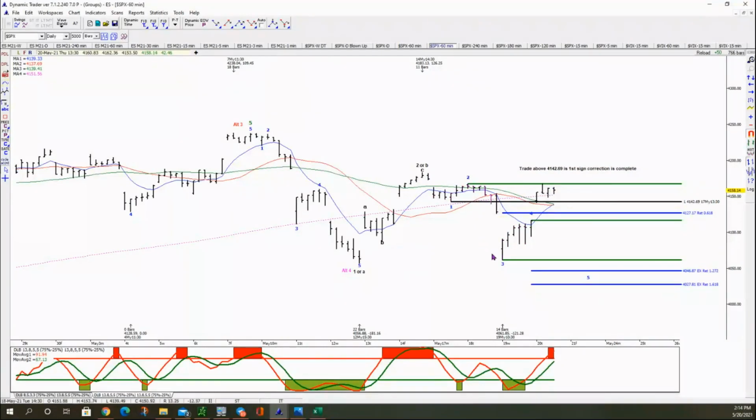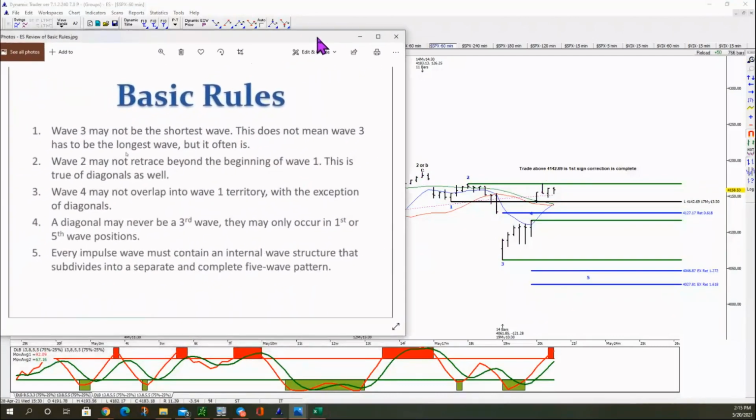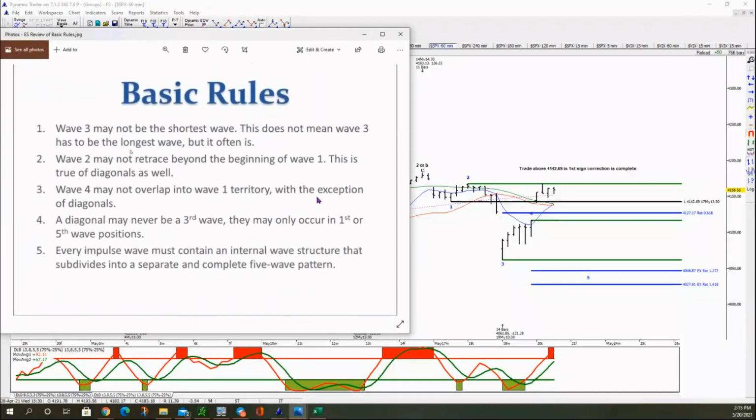So this pattern was invalidated, and this most likely invalidates the bearish assumption that this is an A, B, C. There's something else going on. This is probably wave 4. This is your 1 up, and this is your 2 down. So this has turned into a bullish pattern most likely. So wave 4 may not overlap into wave 1 territory with the exception of diagonals, and we'll talk about diagonals at a later time and date.